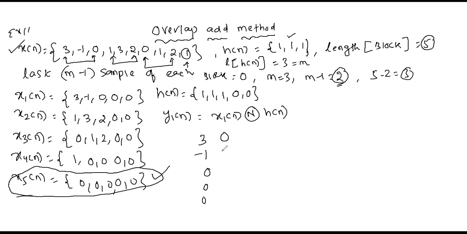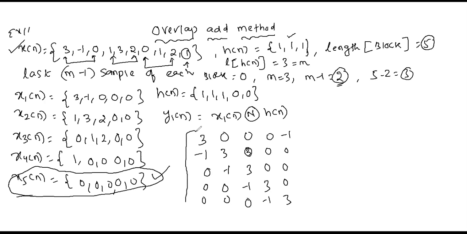The last 0 goes up: 3, minus 1, 0, 0. Again this 0 goes up. Then 3, minus 1, 0. Again this 0 goes up. 3, minus 1. Then this minus 1 goes up. 3 will stop here, because if this 3 goes up again, we get the first column again. Okay, we stop here.